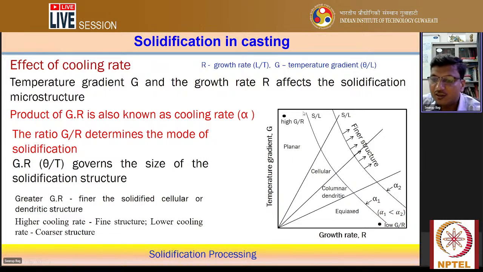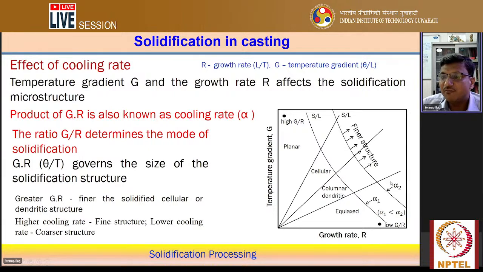Graphically we can represent the temperature gradient and the growth rate, and you can see the planar, cellular, columnar dendritic, and equiaxed modes overlapping with this. This side indicates low G by R, and here are the high values of G by R, which decides the mode of solidification. The lines correspond to alpha 1, the cooling rate, and alpha 2, where alpha 2 is a higher cooling rate than alpha 1.